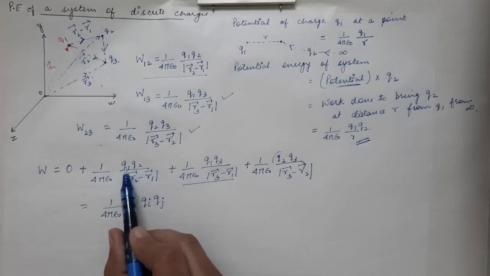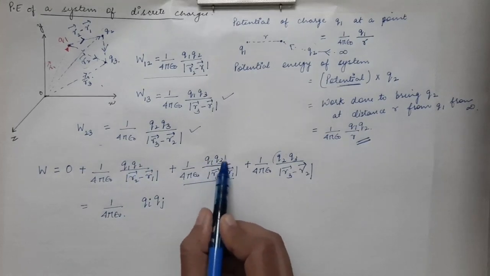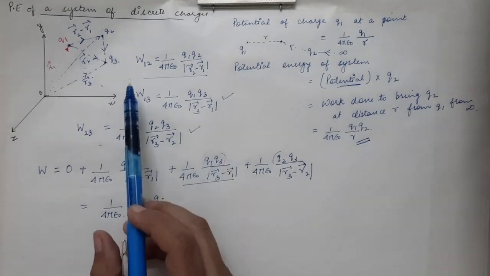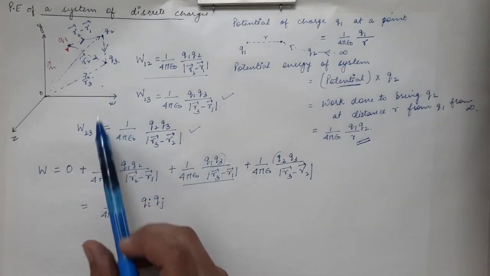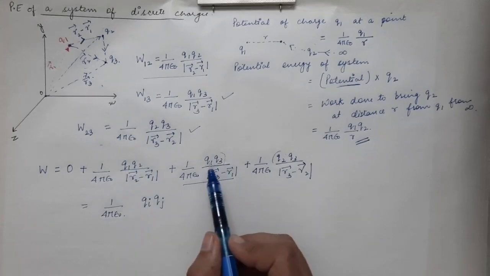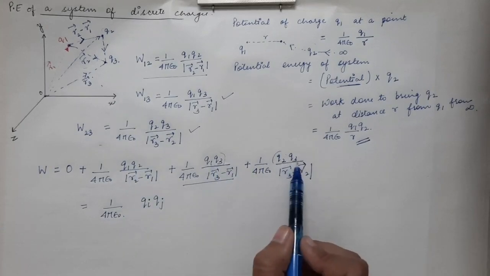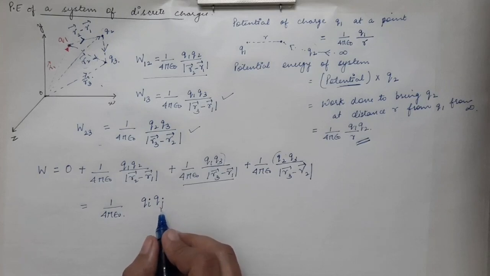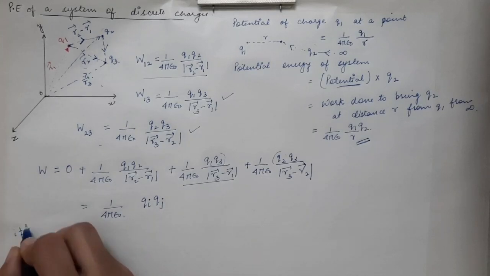You will just have Q1 into Q2, or Q1 into Q3 like in the second term, or Q1 into Q4 when you are talking about the fourth charge. There will be no term in which you will have Q1 into Q1 or Q2 into Q2 or Q3 into Q3 and so on. So this value of i will never be equal to j.